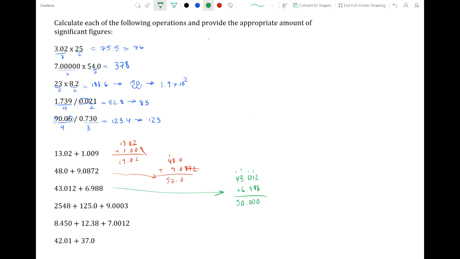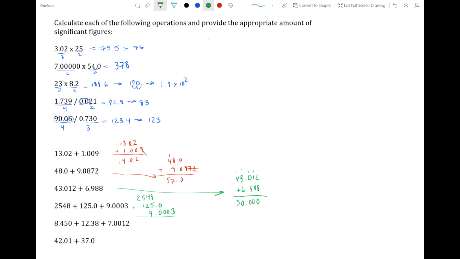Alright, now let's do the next one. 2,548 plus 125.0 and 9.303.